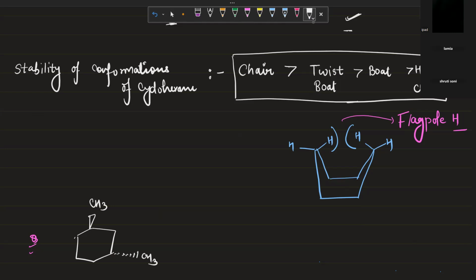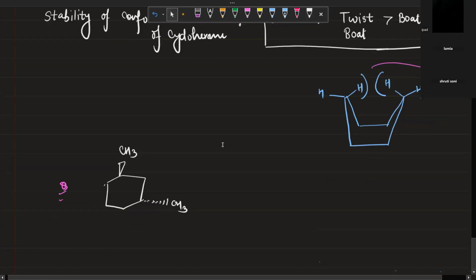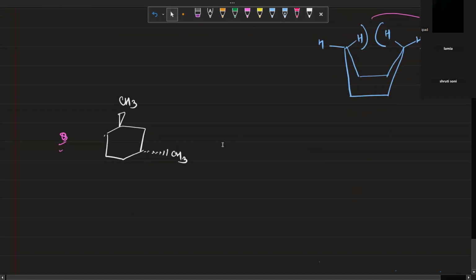How would we identify R and S for these? Isn't that a lot easier to do? You just prioritize the groups on each carbon.